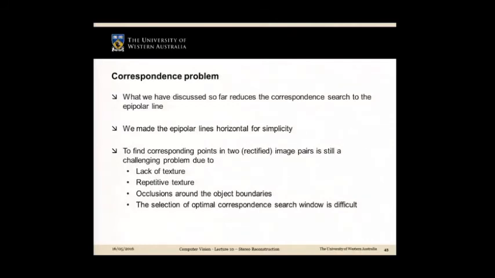Now, the selection of an optimal correspondence search window is difficult. Let me explain: you can take a window around your pixel P, it could be 3 by 3, 5 by 5, 7 by 7, and then you compute SURF or HOG features and then match those features. But the size of the window is again a problem.